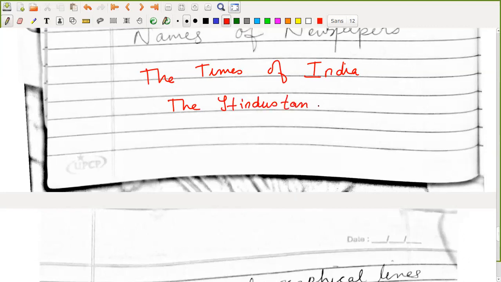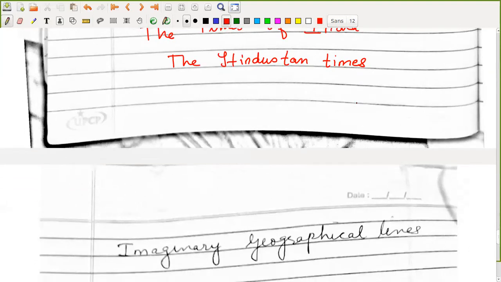The Times of India, the Hindustan Times. So you'll use the before the names of newspapers.